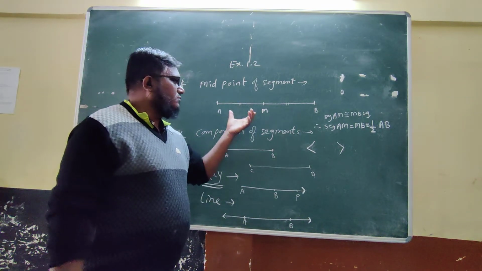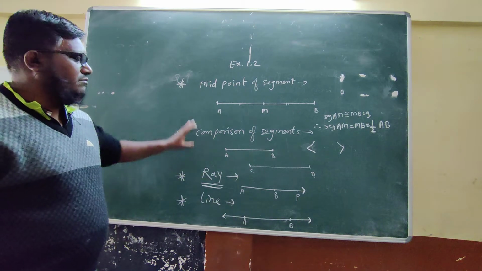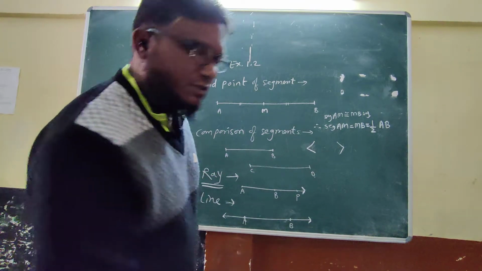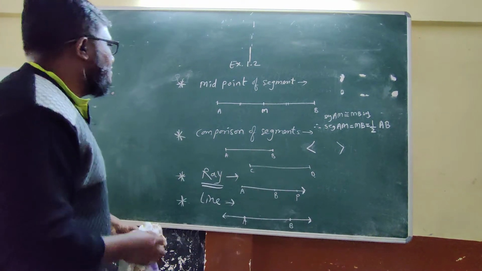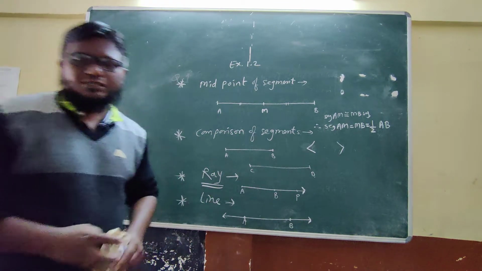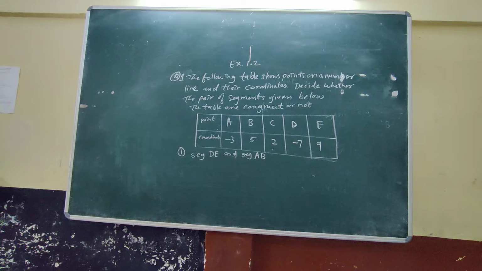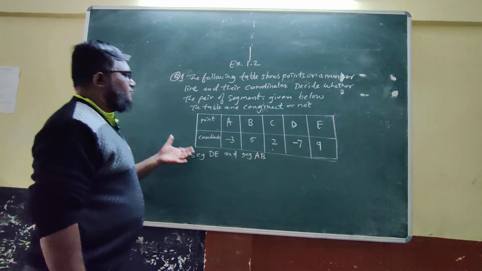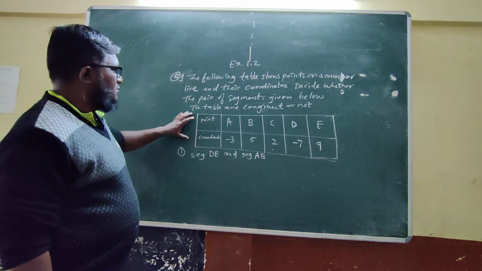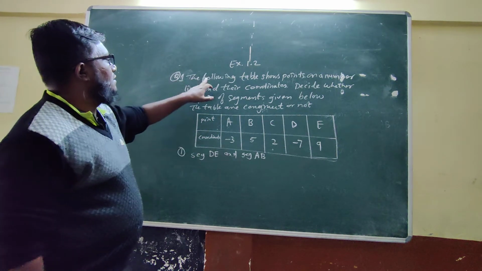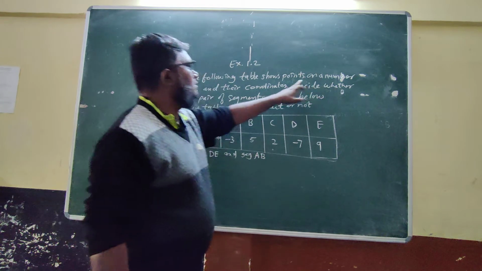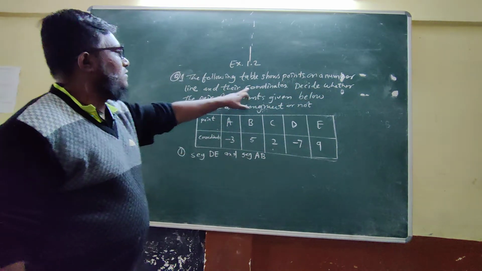Now we have to solve examples based on this information, and we'll see exercise number 1.2, first example. We solve using the information given in the question. The following table shows the points on a number line and their coordinates.